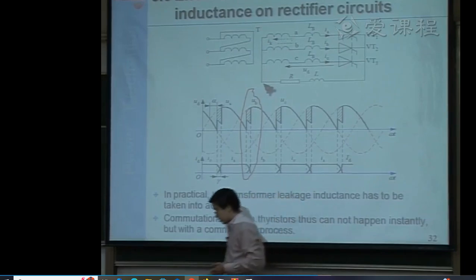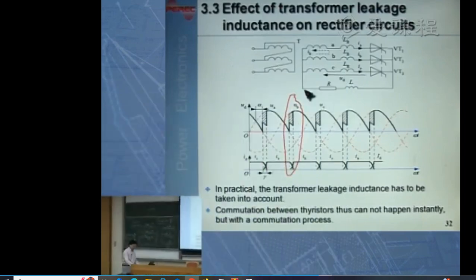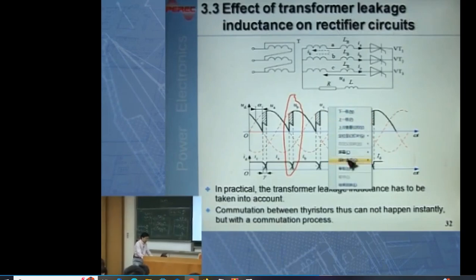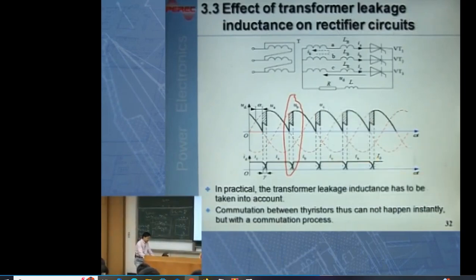So the actual output voltage will be that waveform: the load voltage changes to the average value of UA and UB, and after the commutation is over, it changes to UB.